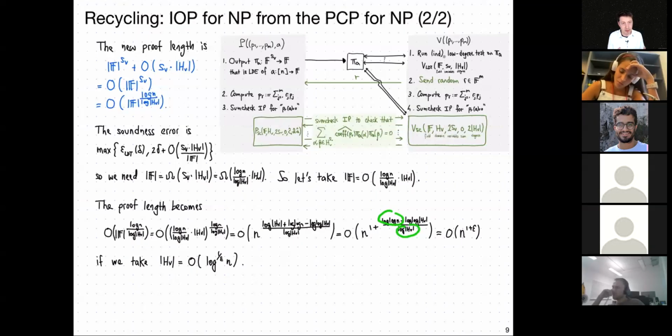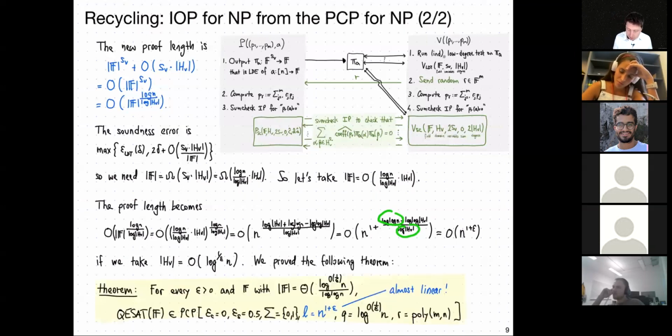Now that's a trade-off, and hv influences the query complexity. So overall, we've proved the following theorem: with a field that is roughly this size, we can make the proof length N to the 1 plus epsilon, with a trade-off with the number of queries, which is going to be log to the 1 over epsilon.